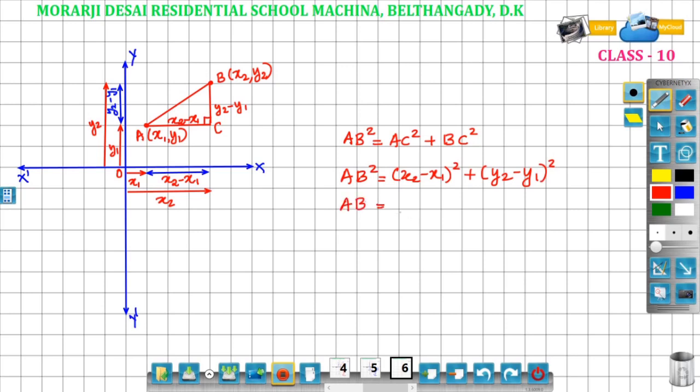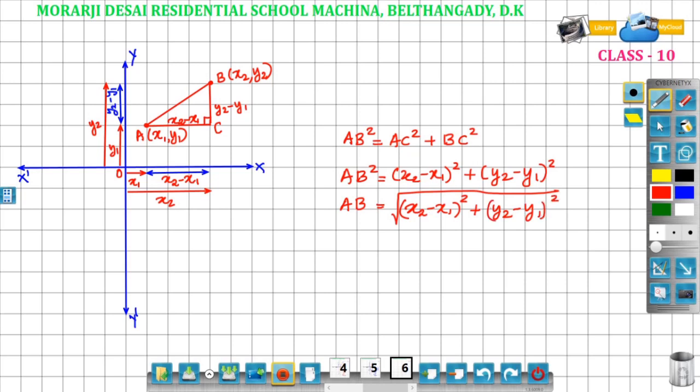AB is equal to square root of x2 minus x1 whole square plus y2 minus y1 whole square.